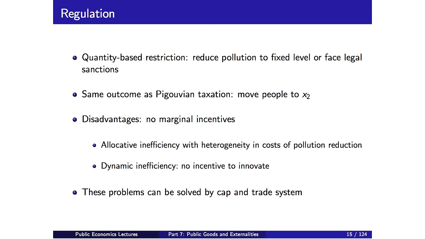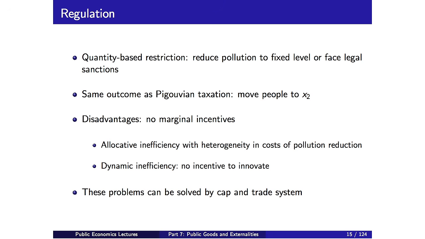But there are two important disadvantages which are not incorporated in the super simple model that we started with here, one of which comes to the question you just asked about production efficiency, and the other is about allocative inefficiency. So these problems arise because when you price pollution, you're giving each firm marginal incentives to do better, basically.